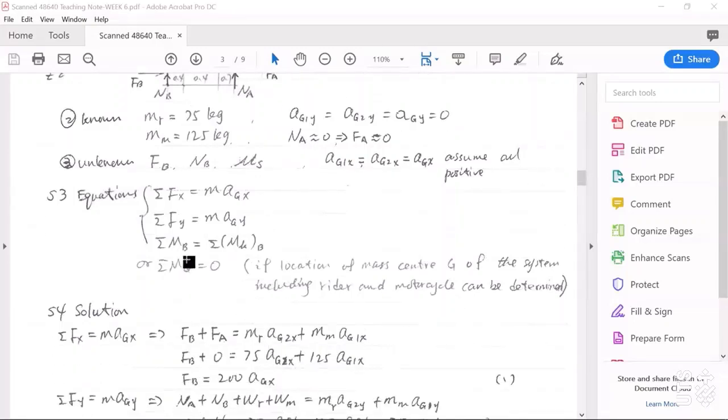Actually, we can, but we must know the location of this mass center point G. In this problem, it's not necessary to know this. So we are not going to use point G to do our calculation. We will use point B to calculate the rotational component.